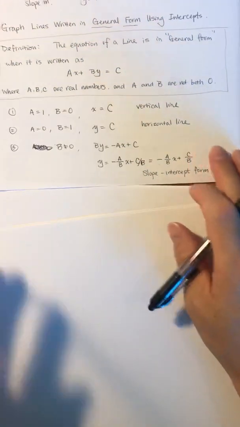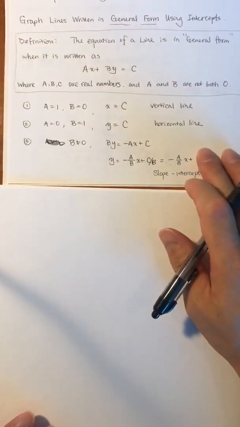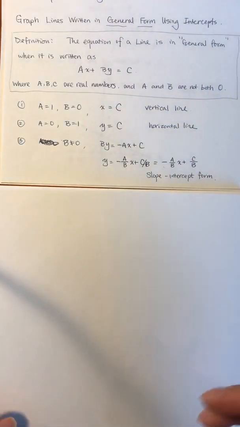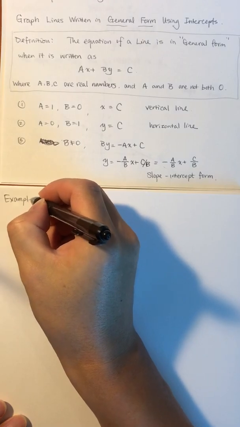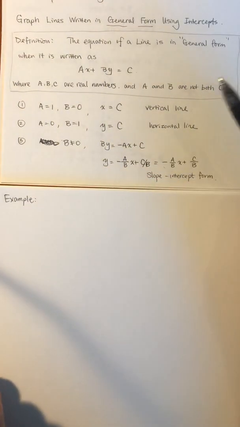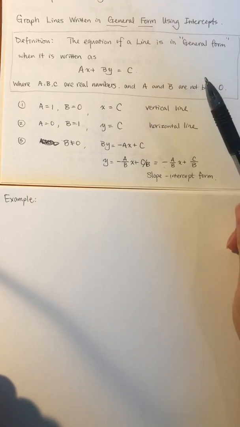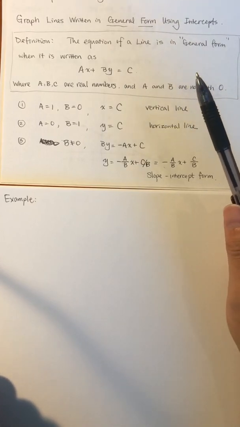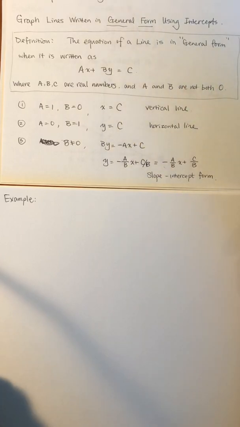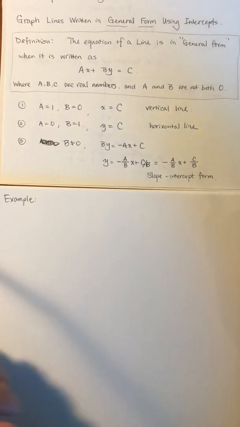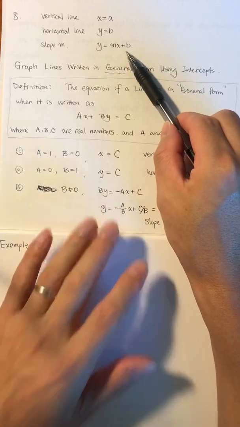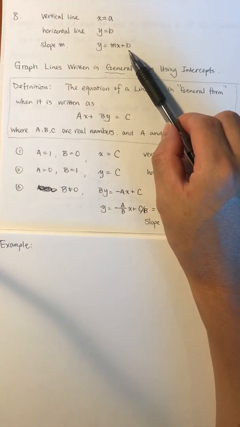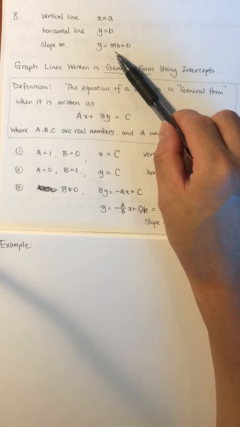Now let's see the computation related to this part. The general form has its advantage, and general form also has its, we cannot say disadvantage, but indirect part. Because if we have the slope-intercept form, we can directly say, okay, intercept is b, slope is m.